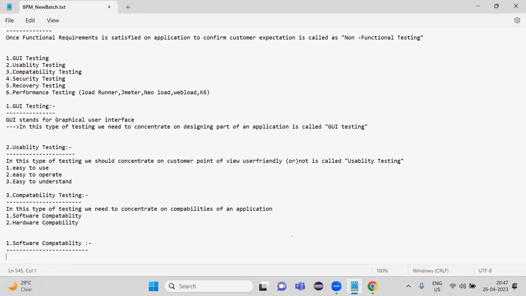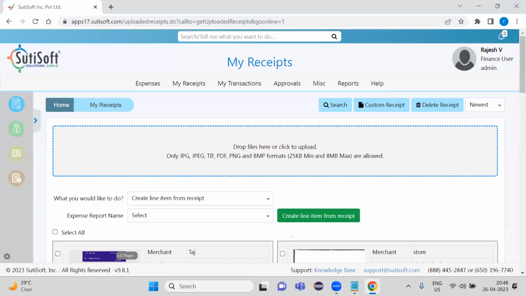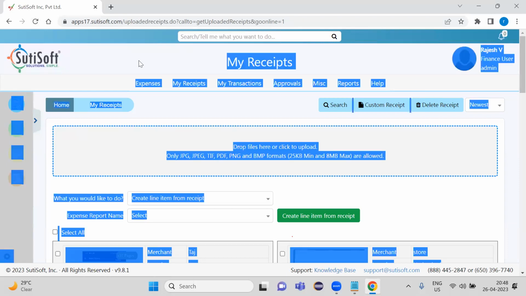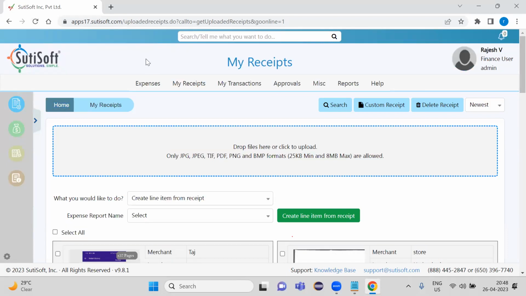Software compatibility is nothing but we have to test with multiple browsers and multiple operating systems. Here I am working with Windows. Suppose you work on a MacBook, how will it feel? The screen will be a smaller size. Guys, is it clear?